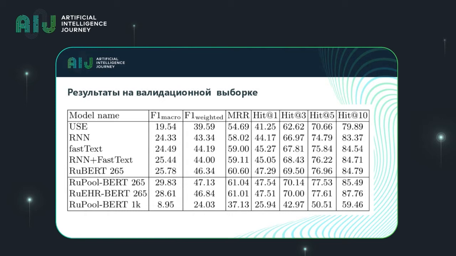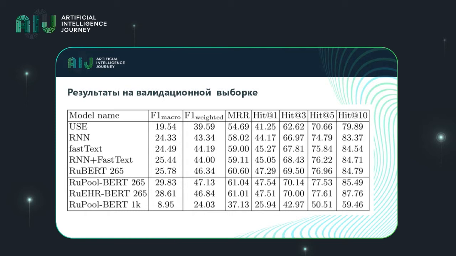So here are the results of working with the validational data set. The first one is USC, then recurrent neural net, FastX, RNN plus FastX, and BERT 265 is a BERT model trained by Ali Pavlov based on the Russian language corpus.